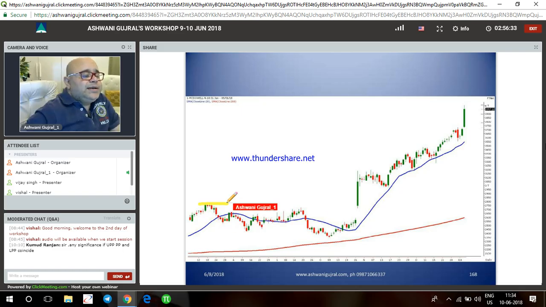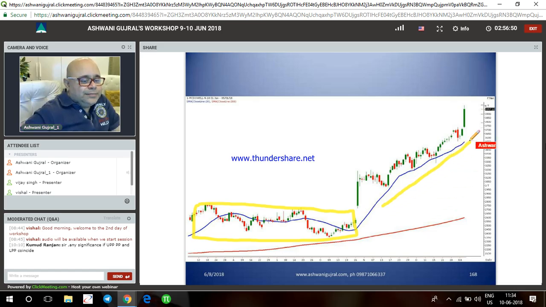This is United Spirits. This was the accumulation phase. So all of you who want to do swing trading, look for stocks in the markup phase.